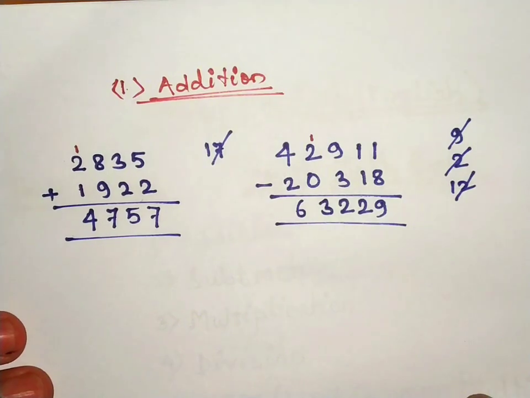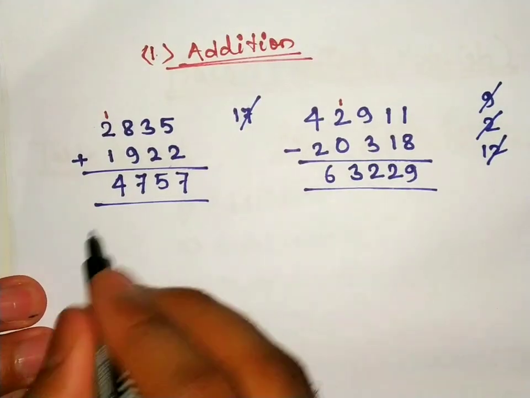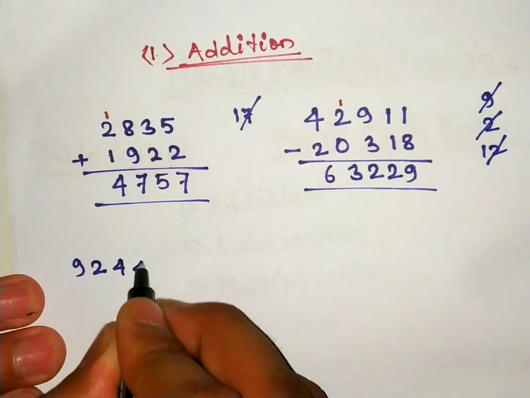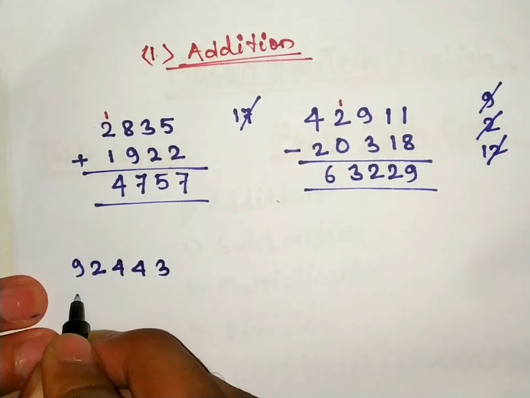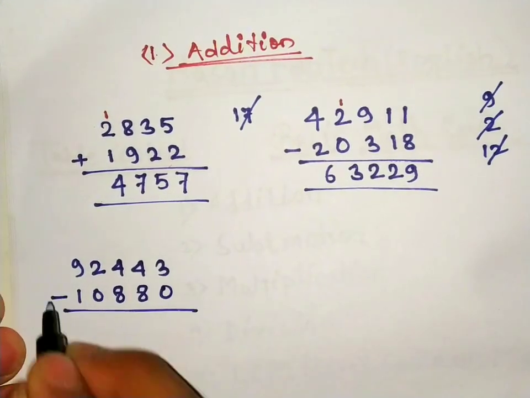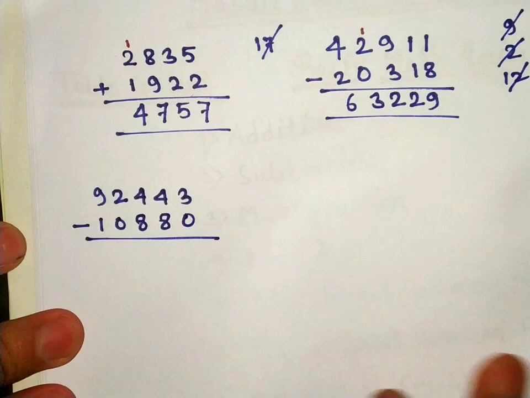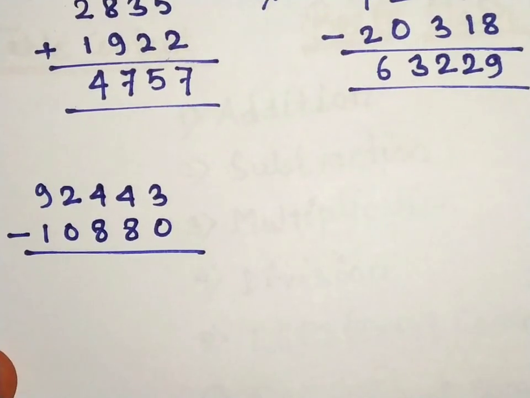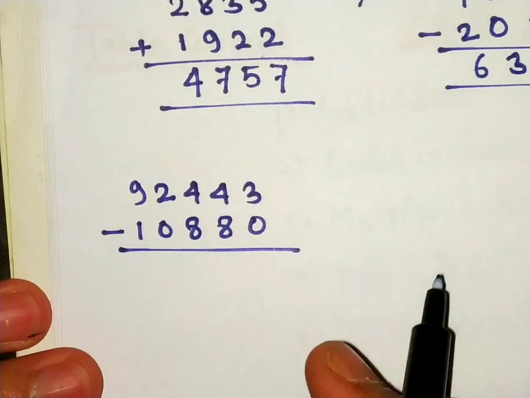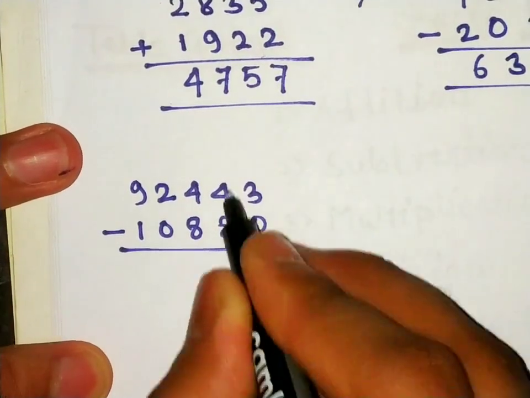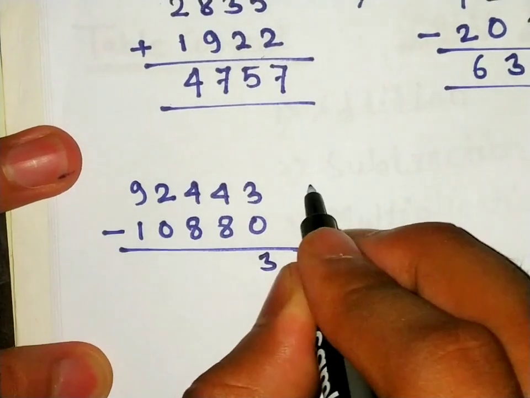Okay, is there anything? Let's take another example: 9244310880. Add it. How will it add? Let's zoom in a bit. 3 plus 0 will be 3, 4 plus 8 will be 12.